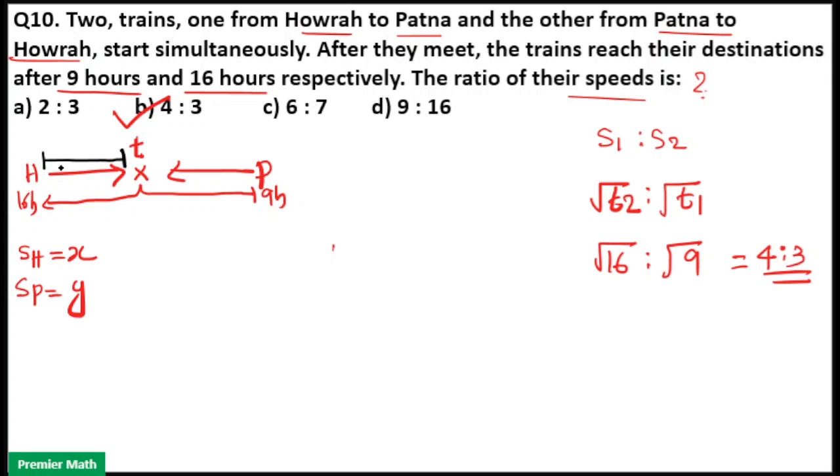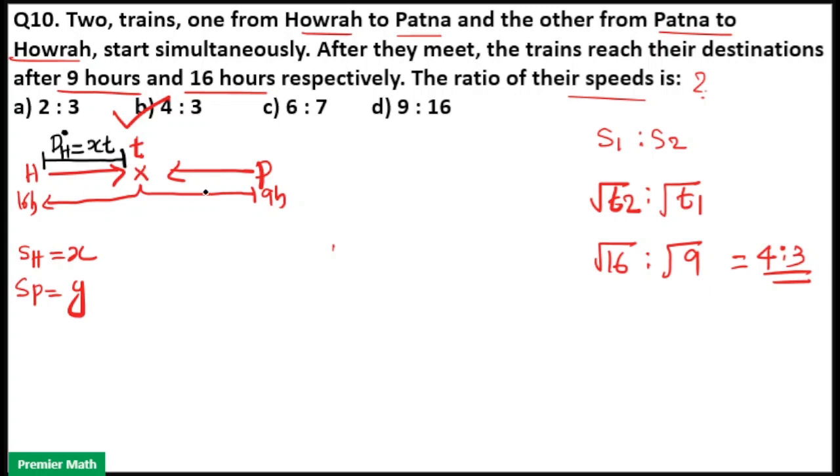Then the distance travelled by the train from Howrah till the meeting point is dh. This is the distance travelled by the train from Howrah before the meeting time, and this is equal to the speed of the train from Howrah into the time taken before the meet, which is t.